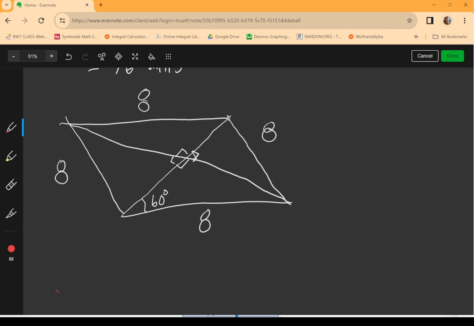Based off of this being our given information, what I can deduce from properties of our rhombus is that these angles across the way here, across the other diagonal here, are going to be 60. And since each of these, think of these as 4 triangles, right? That means that the rest of these angles each need to be 30 degrees.